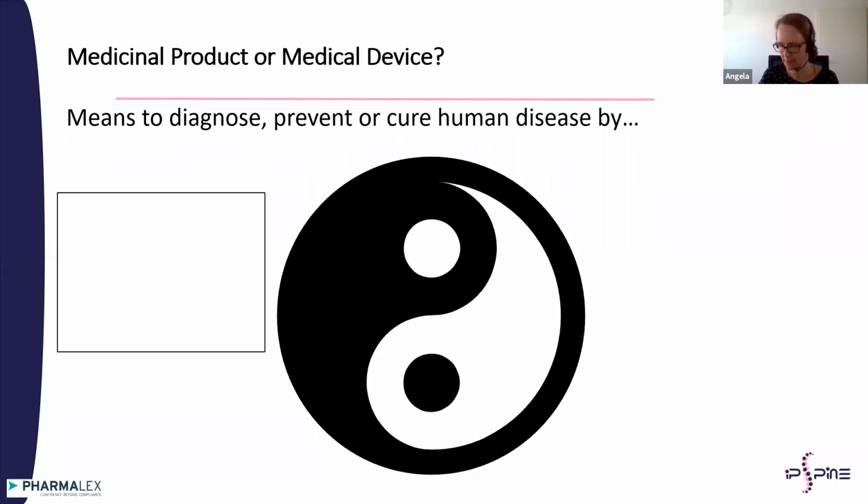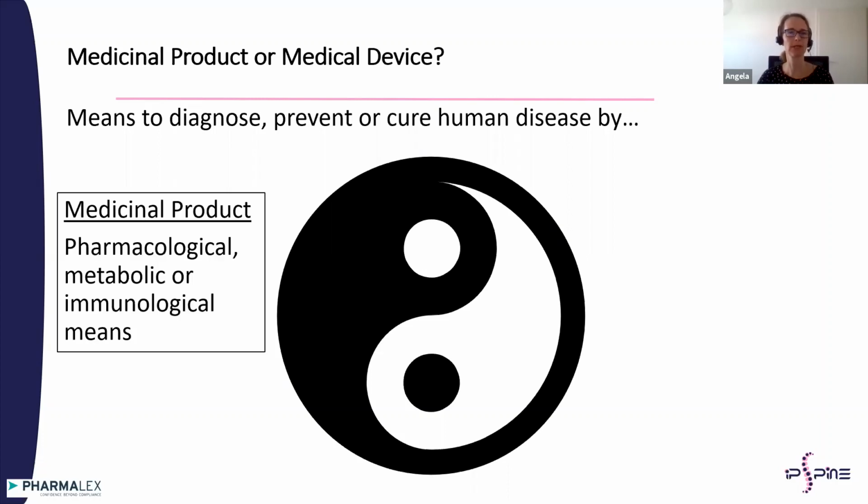So by definition, a medicinal product is a product or a means to diagnose, prevent, or cure human disease by a pharmacological, metabolic, or immunological mechanism.